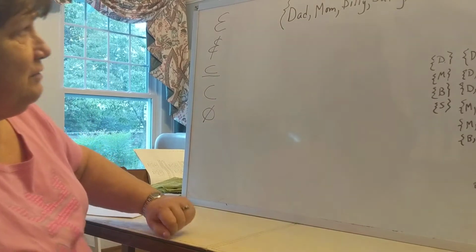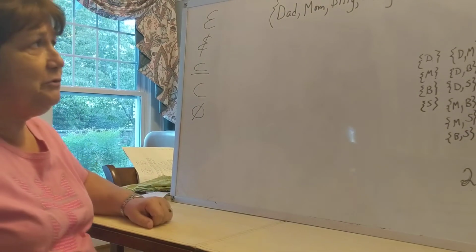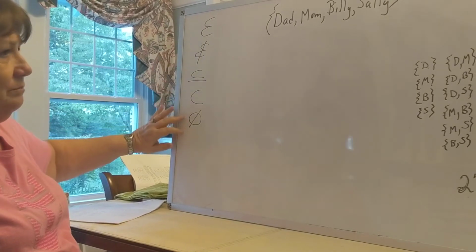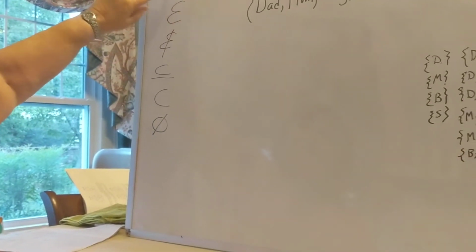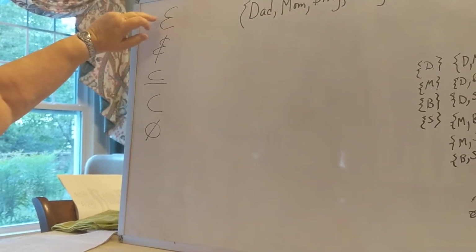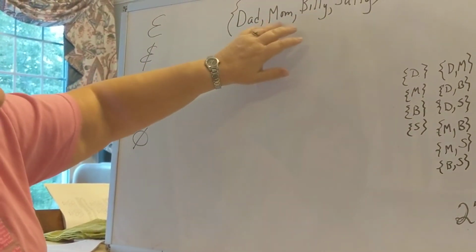All right, the first thing we're going to talk about is some things that I noticed in your quizzes that some of you were doing that you might have had problems on. These symbols right here. This kind of round looking E stands for "is an element of." It's just a member of. There are 4 elements in this set.